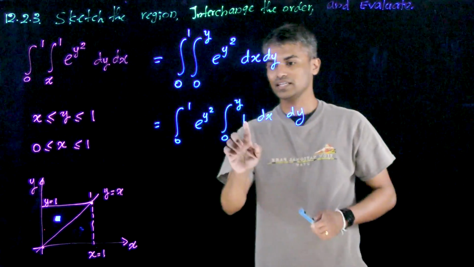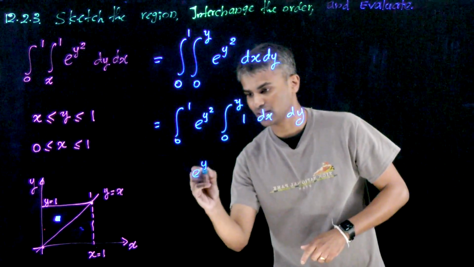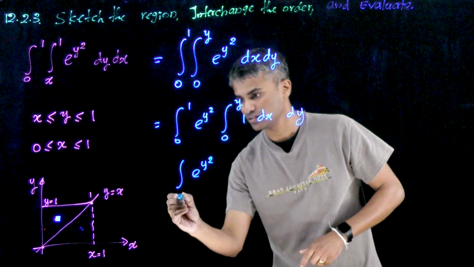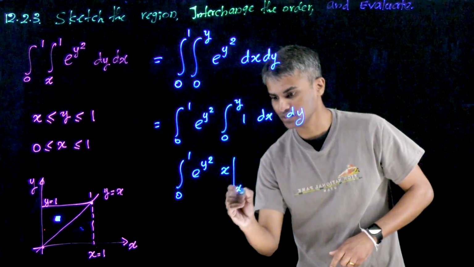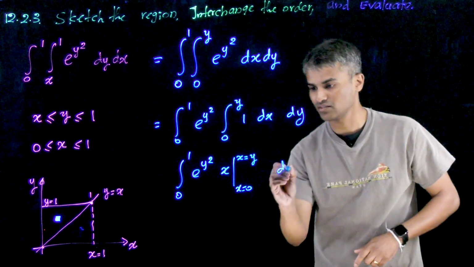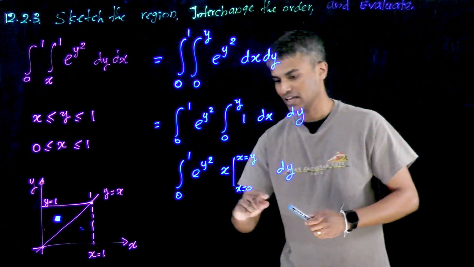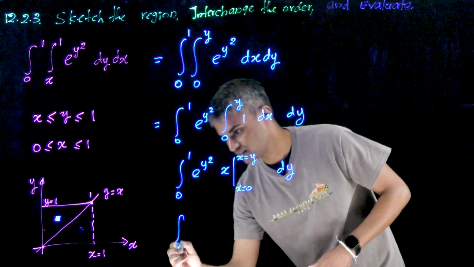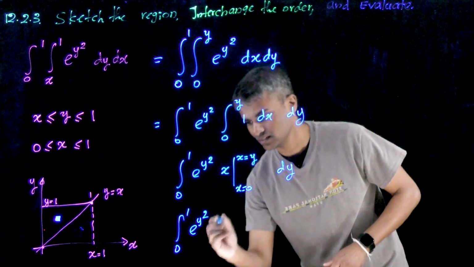Okay. Integral of 1 with respect to x is x. So, you have e to the y squared times x, the lower limit of x is 0, upper limit of x is y, then dy. Okay. Apply the upper limit first and then the lower limit, you will get e to the y squared.